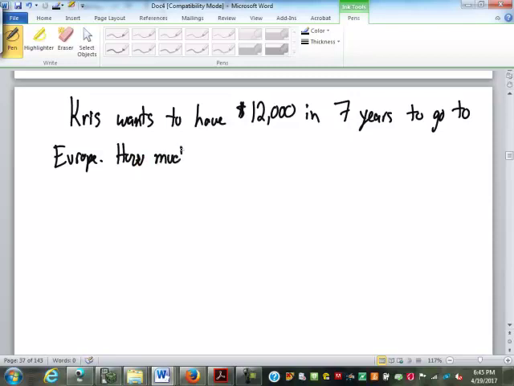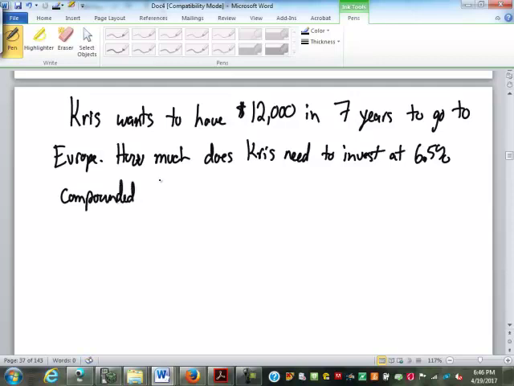How much does Chris need to invest at 6.5% compounded monthly to reach that goal?